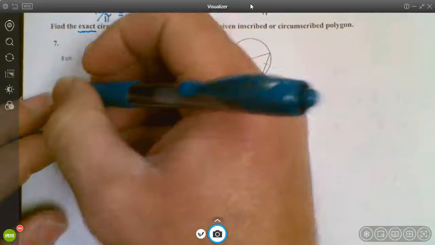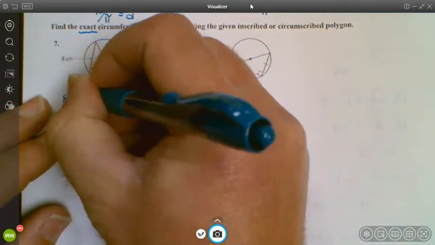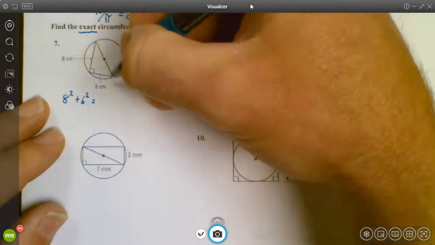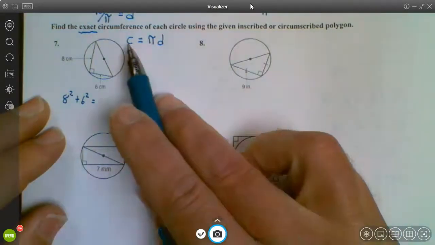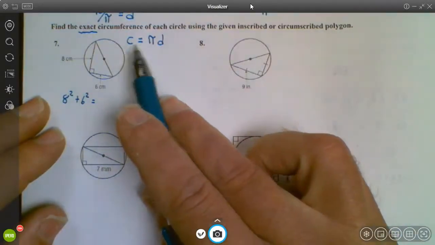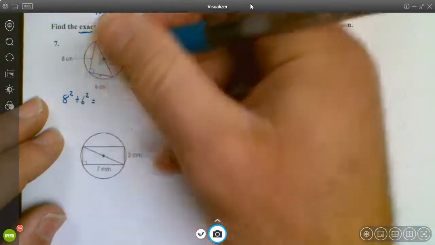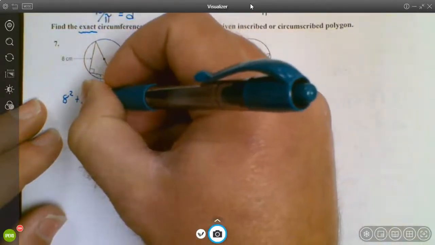So if you did 8 squared plus 6 squared equals, you could call this c squared. I would probably avoid using c because it also represents a circumference, and I don't know if that would get confusing for you or not. I'm just going to call it the hypotenuse squared, or you could call it the diameter squared.